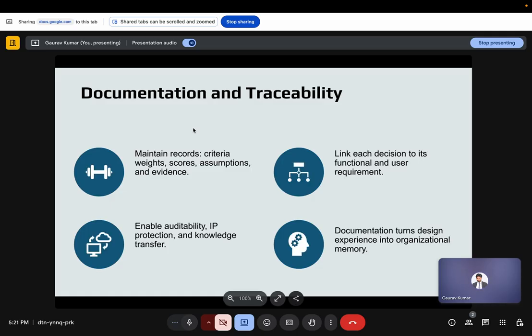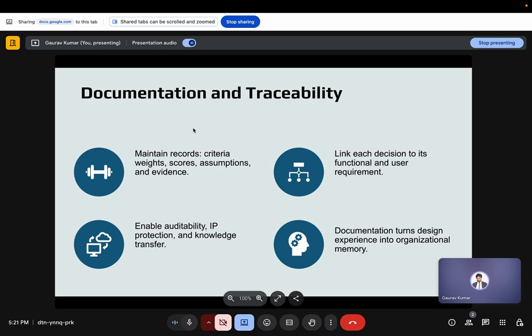Now moving towards the next slide. Next one is documentation and traceability. Effective design documentation is a cornerstone of professional engineering practice, and it ensures that every decision from scoring to final selection is backed by recorded evidence and rationale.